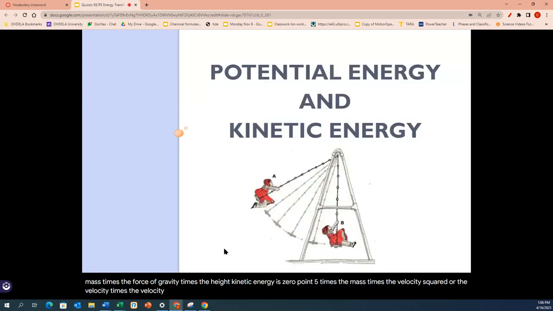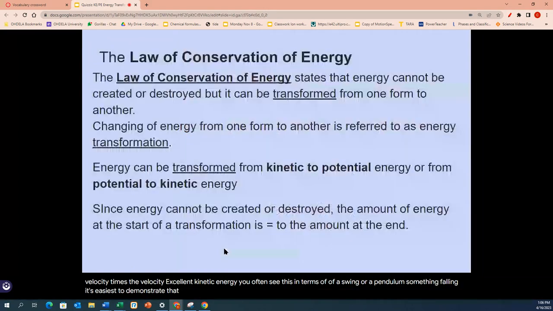So potential and kinetic energy, you often see this in terms of a swing or a pendulum, something falling. It's easiest to demonstrate that. So the law of conservation of energy states that energy cannot be created or destroyed, but it can be transformed from one form to another. Changing the energy from one form to another is referred to as transformation.